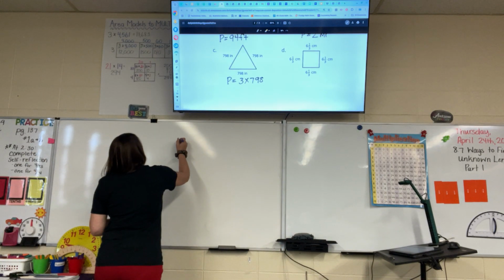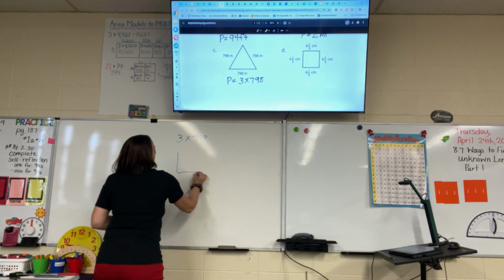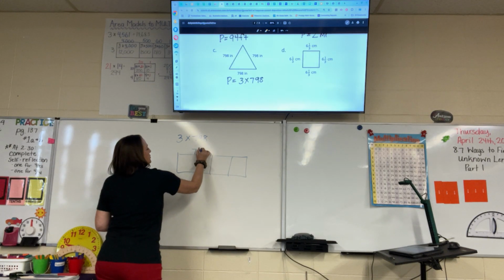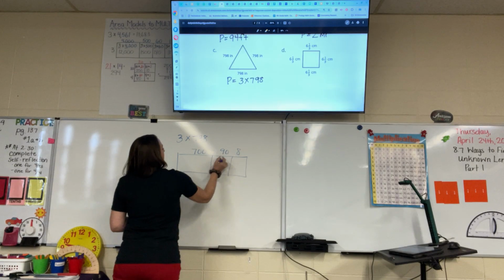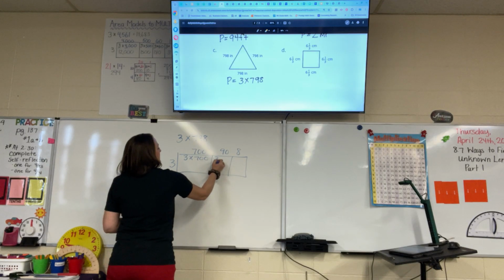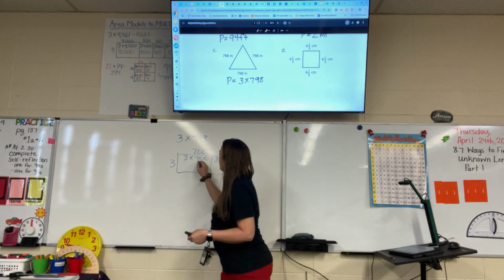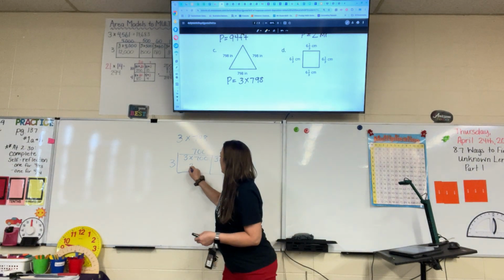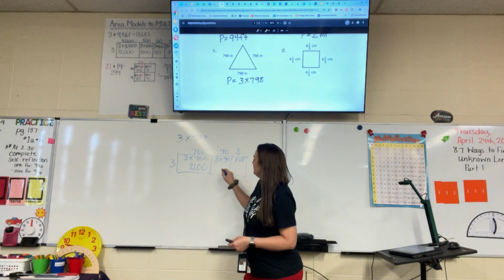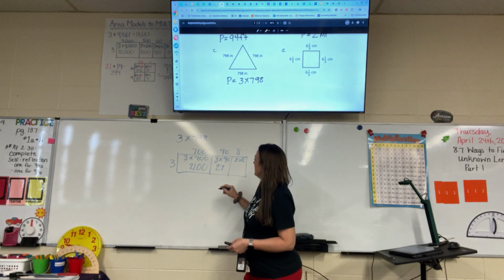And we have learned how to multiply using area models. So if we split this into 798 times 3, we start with 3 times 700, 3 times 90, 3 times 8. What is 3 times 7? 21. We add on 2 zeros. 3 times 9? 27. Add on 0.